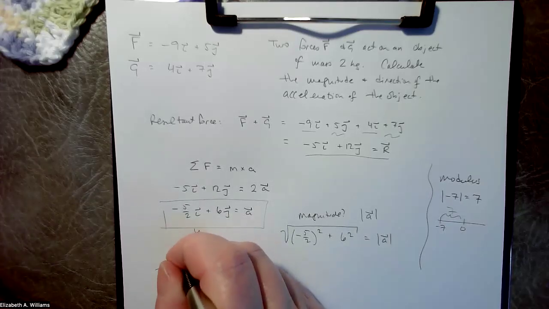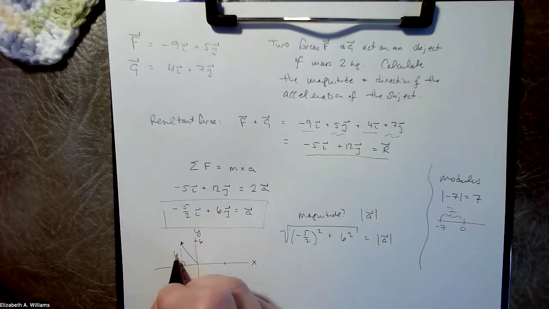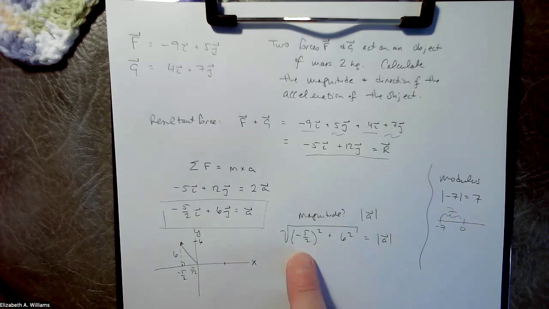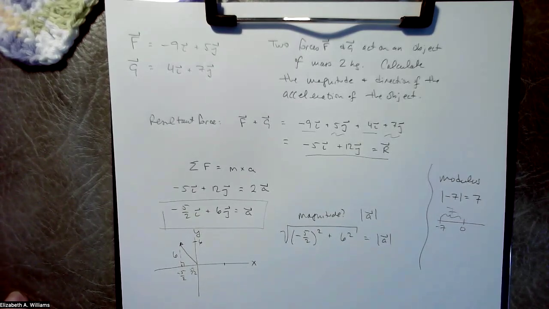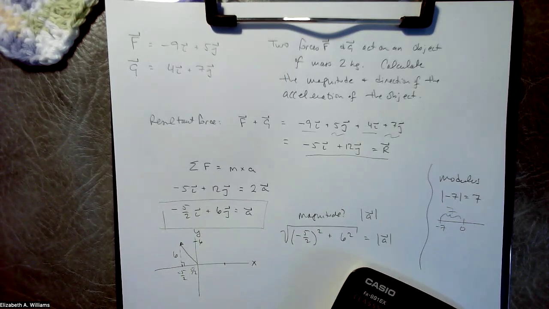And the magnitude of that thing, well, I've got Pythagoras. That side is 6, this side is 5 halves. I guess we didn't need to throw the minuses, but I'm using the numbers that they gave me, just to be clear. And that's going to take you to, I know you're ahead of me in your calculator, the square root of minus 5 halves squared plus 36.